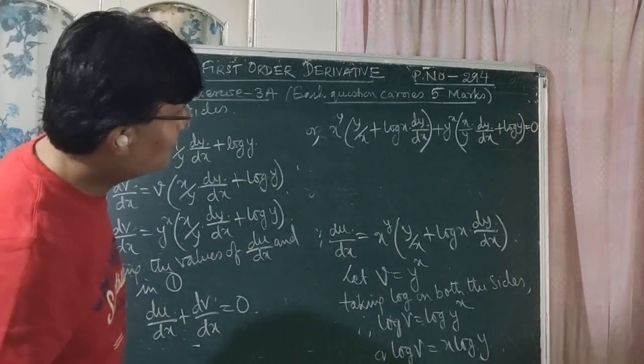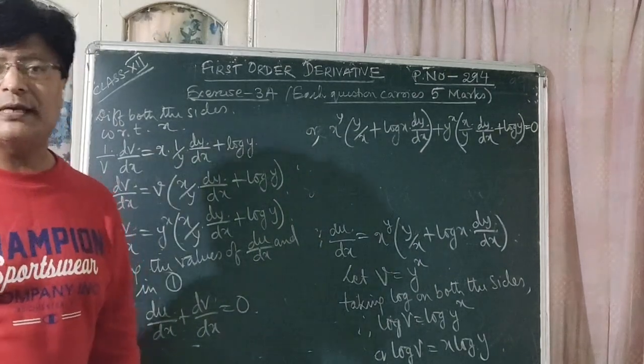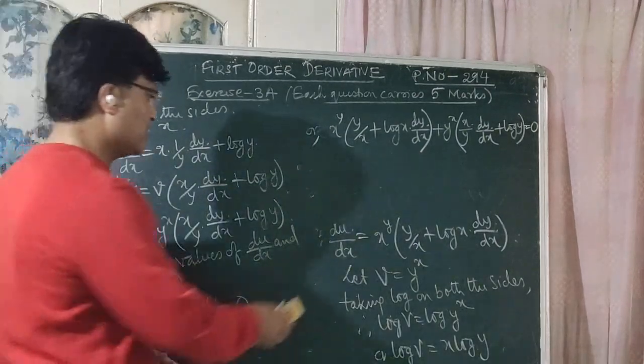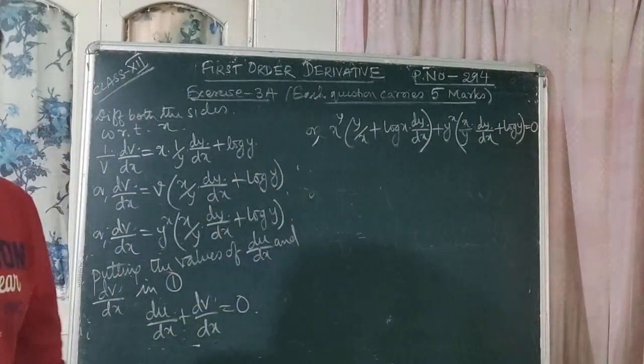Is that clear now? So now from this equation you have to get the value for dy by dx. So let us solve it for dy by dx. Now you can easily solve it.